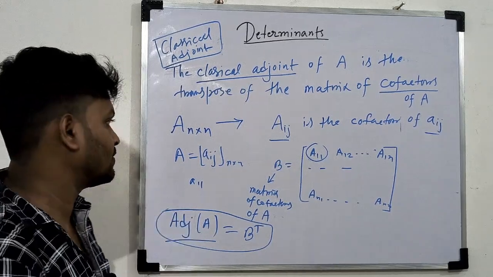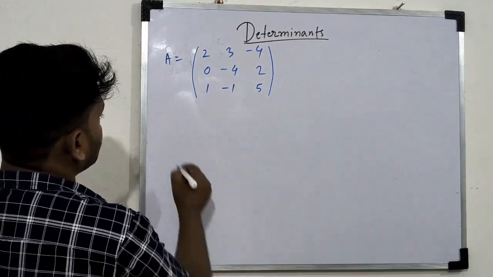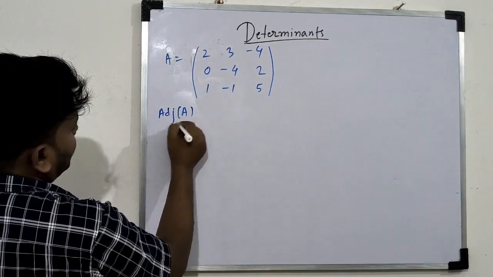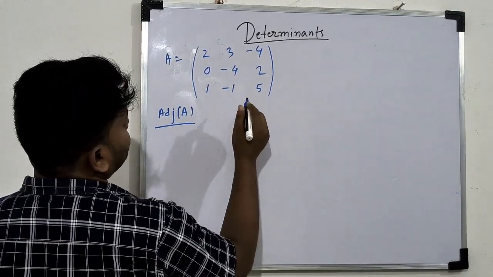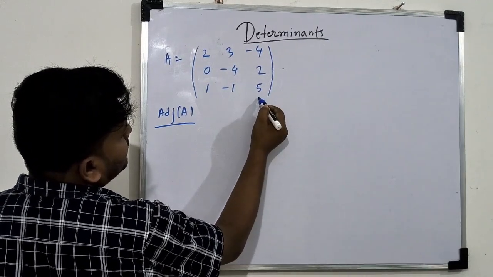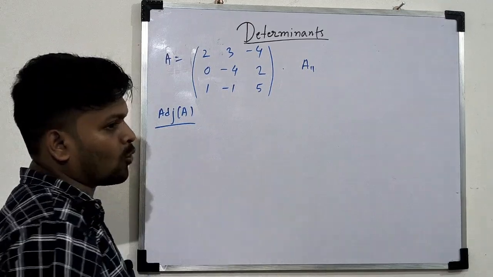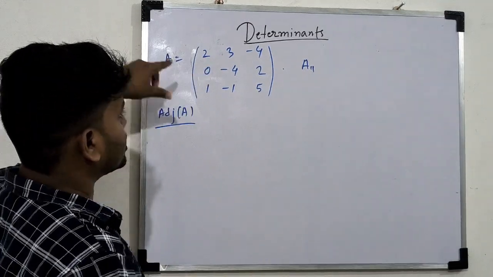Let us find the adjoint for a matrix. Here A is given, so we will find the adjoint of A. First we find A11, the cofactor with respect to this 2.